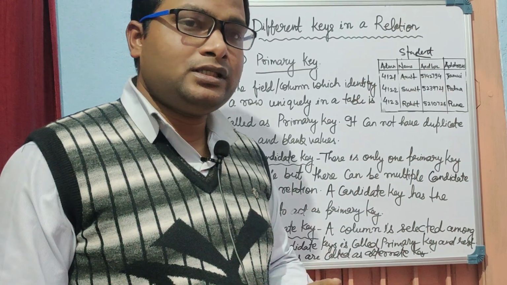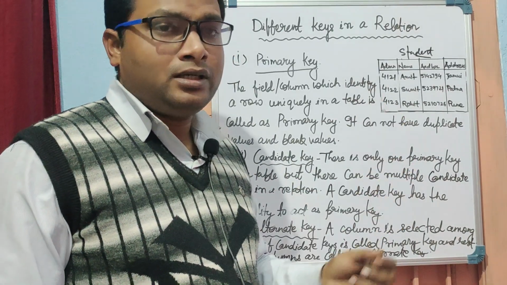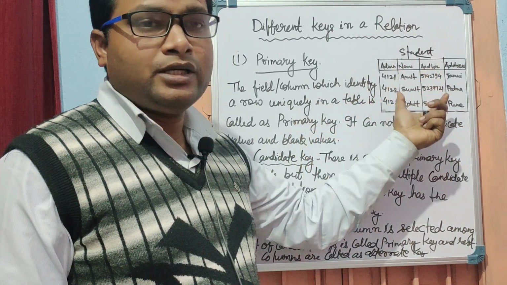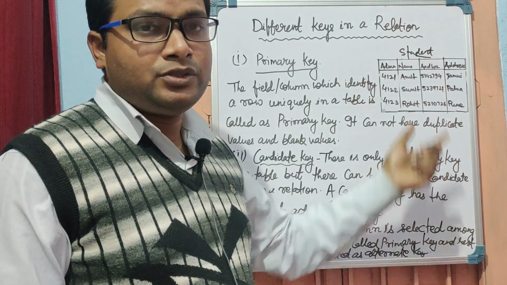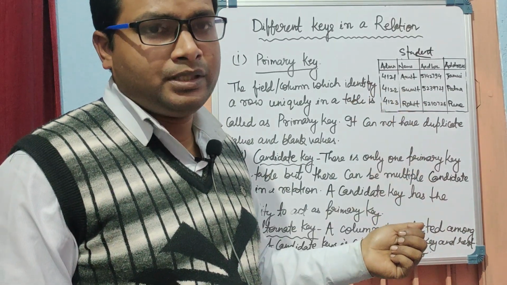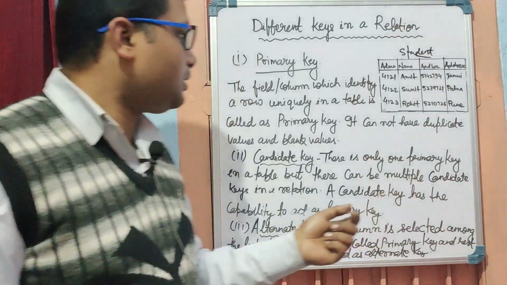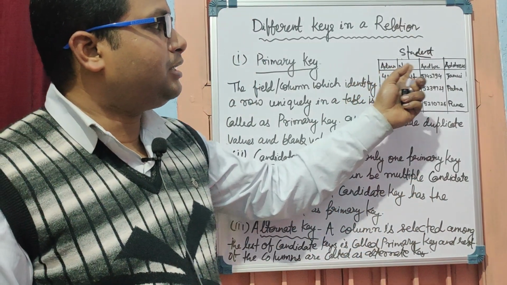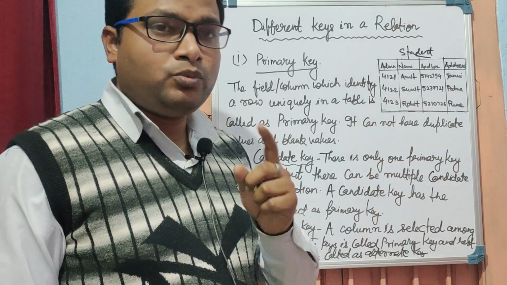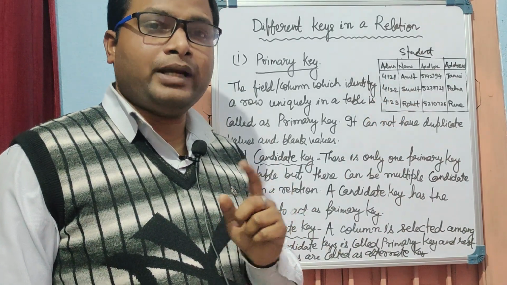But in the examination you are not going to be asked the definition of primary key. You will be given a scenario. For example, you will be given a table student and you will be asked which columns can be selected as primary key. Okay, so you can easily name admission number and Aadhaar, but in a relation, in a table, only one column can be selected as primary key.